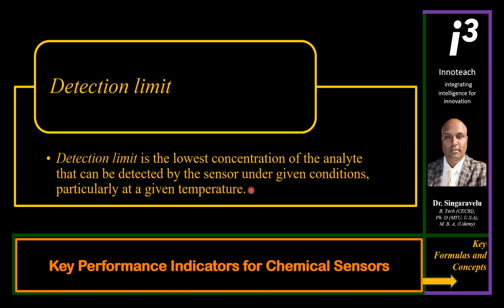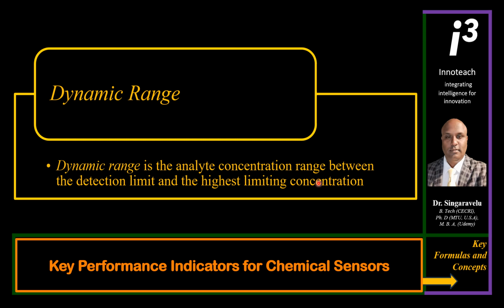Detection limit. It is the lowest concentration of the analyte of interest that can be detected by the sensor under a given set of conditions, particularly room temperature. So what is dynamic range? It is the range of concentration from the lowest detection limit to the highest limiting concentration.